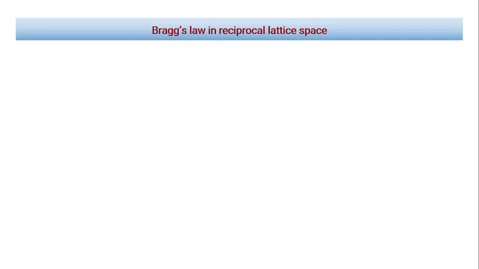Now I want to talk about this: we discussed how we have a lattice arrangement in real space and a lattice arrangement in reciprocal space. We have lattice vectors in real space and lattice vectors in reciprocal space; a translation vector in real space and a reciprocal lattice vector.